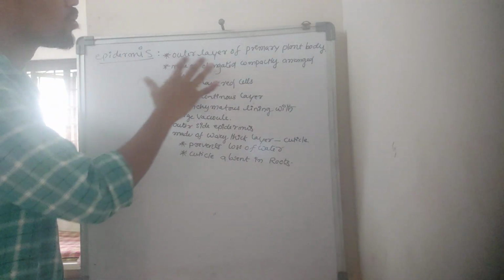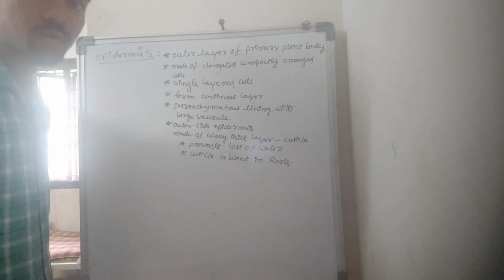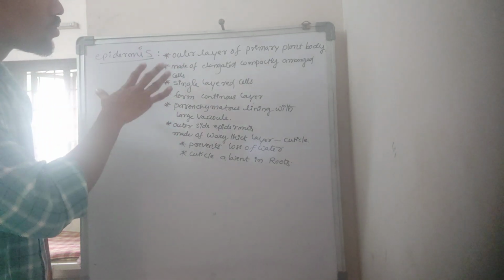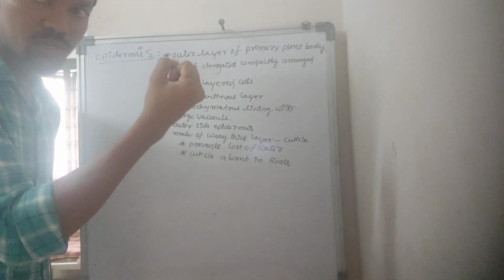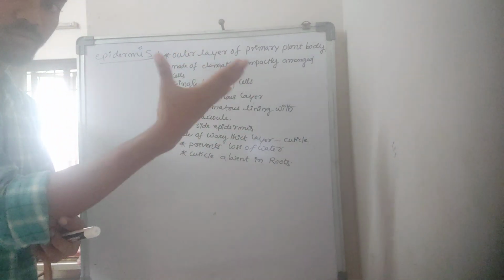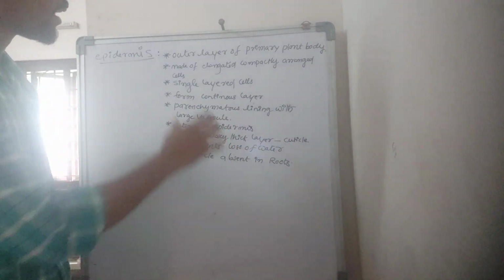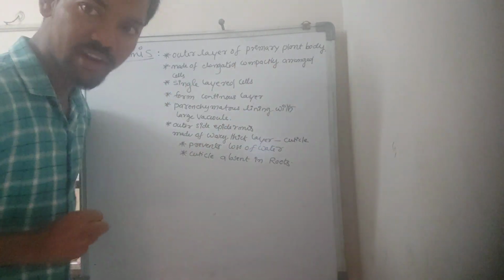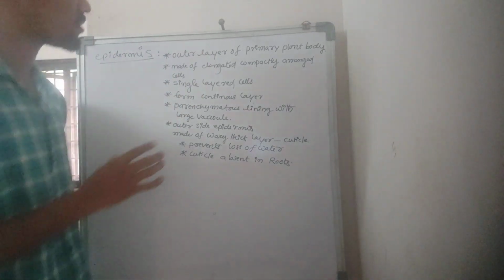It is the outermost layer of the primary plant body. It is made up of elongated, compactly arranged cells. Elongated means lengthy, not round.